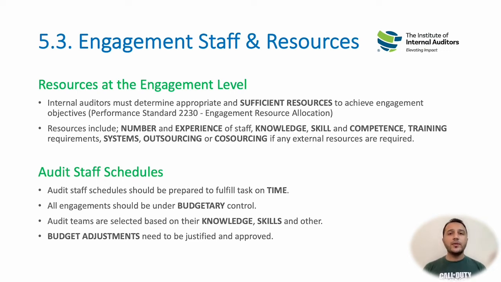So whenever we have an audit engagement, we look for what skill sets are required, and then we assess within the team who has the required competence, skills, and availability, and accordingly we allocate those resources to that particular audit engagement. There is a concept of internal audit staff scheduling. So basically, we prepare a document.